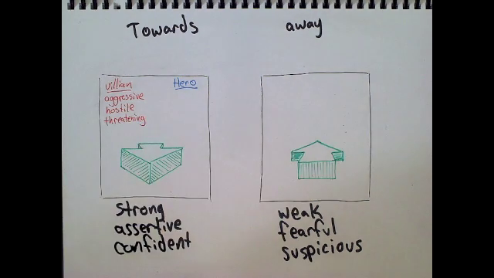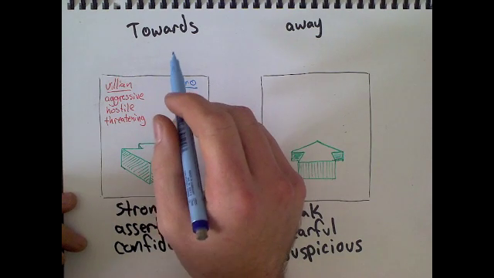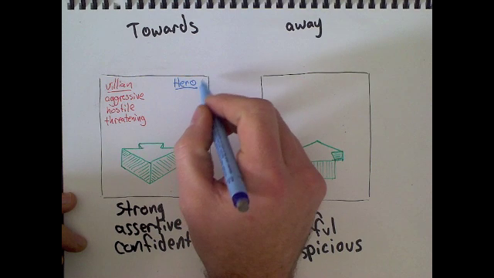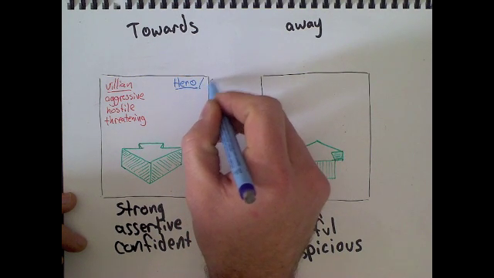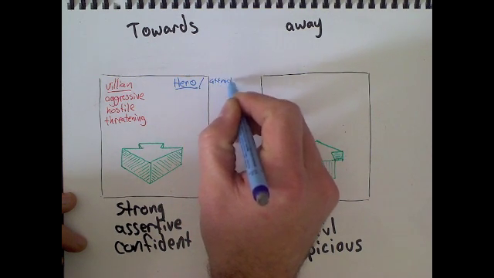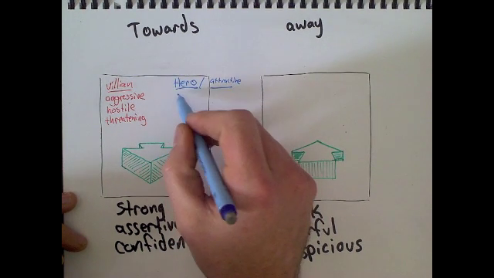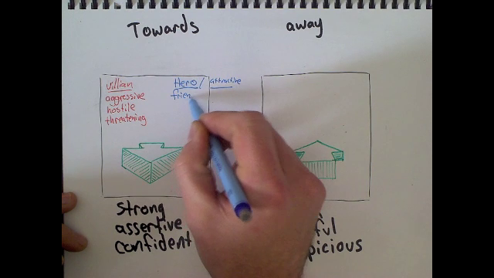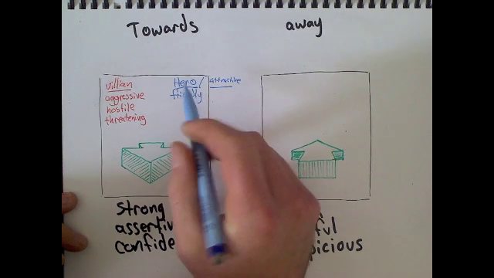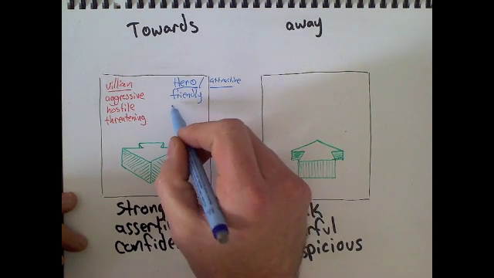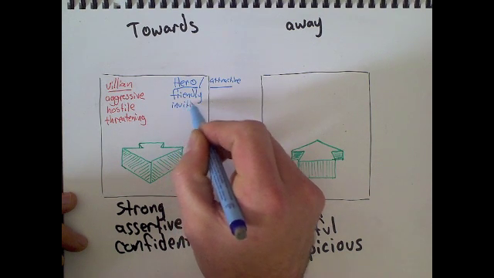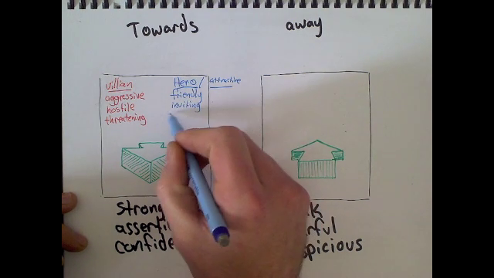Whereas when a hero or a protagonist moves towards the screen, whether they're a hero or they're just generally attractive, this is seen as friendly, inviting, or even seductive.